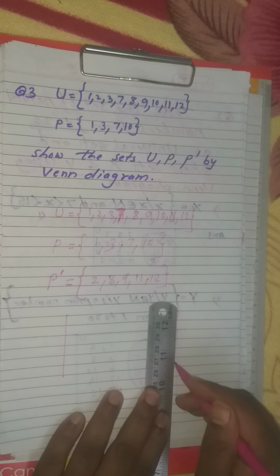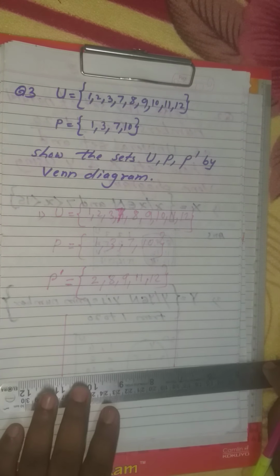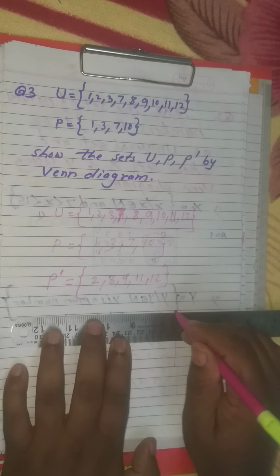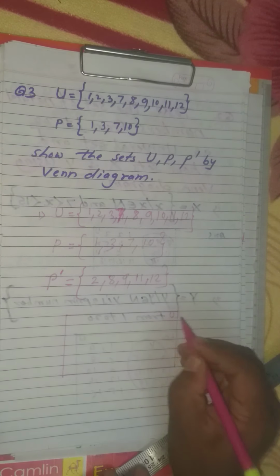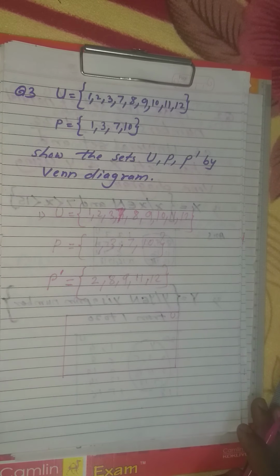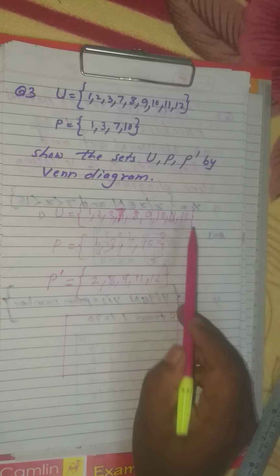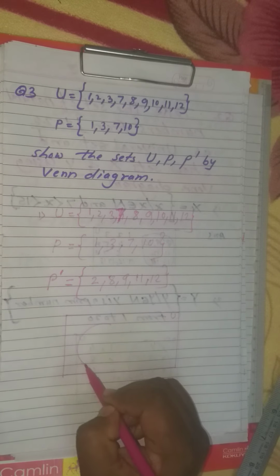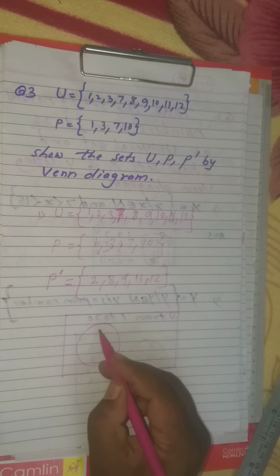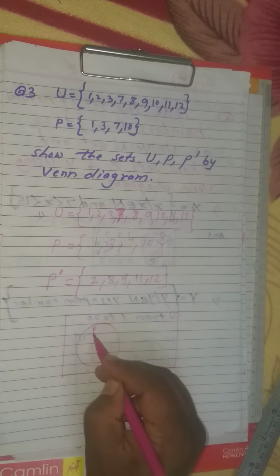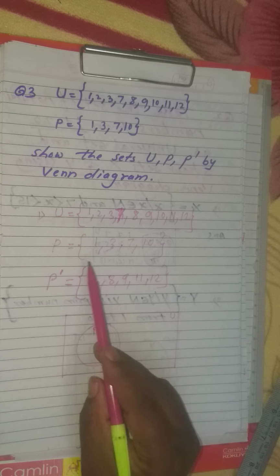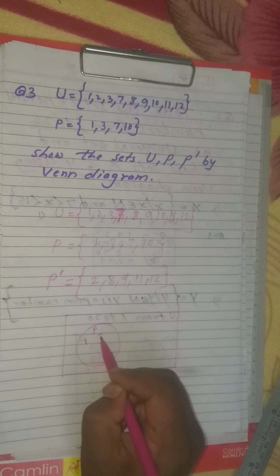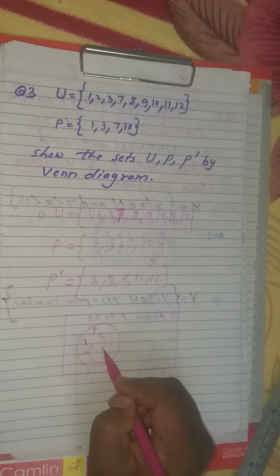We draw a rectangle which represents the universal set given in the question, and write universal set. All the elements present in the universal set we show in a different manner. First we draw one circle, and inside that circle we write P and the elements of set P: 1, 3, 7 and 10.